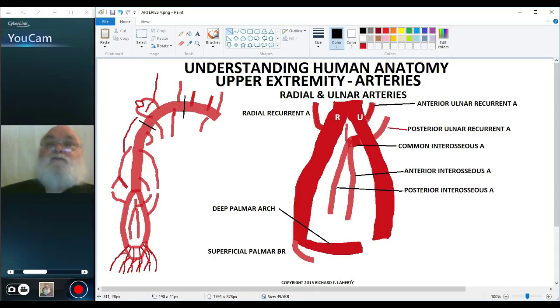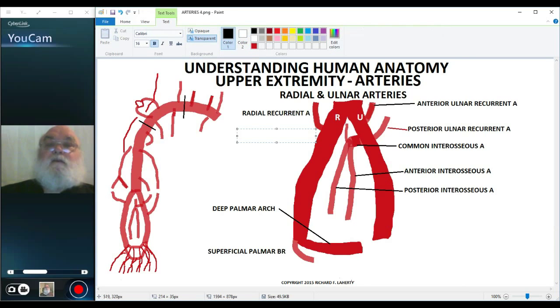The other branch that I haven't put a label to yet, I'm going to write the label on the opposite side here. This is the interosseous recurrent artery.